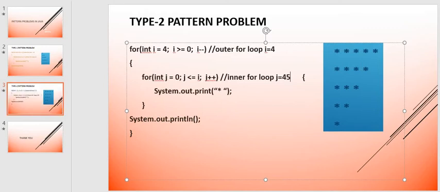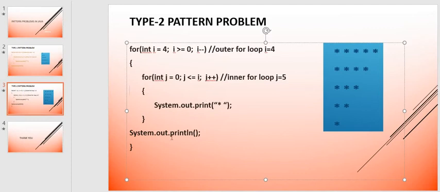It will become 5. So now j less than or equal to i means 5 less than or equal to i. Condition true or false? Condition is false. So it will come out of this loop and it will come to this line. Here it will print a new line.